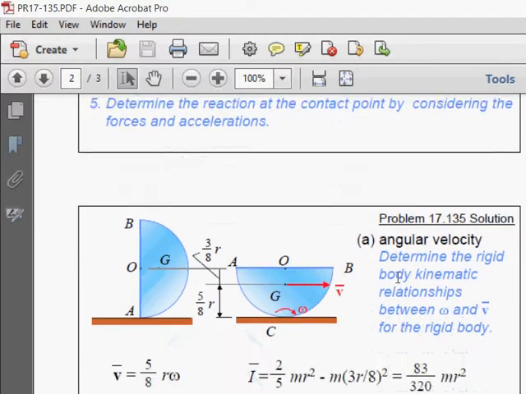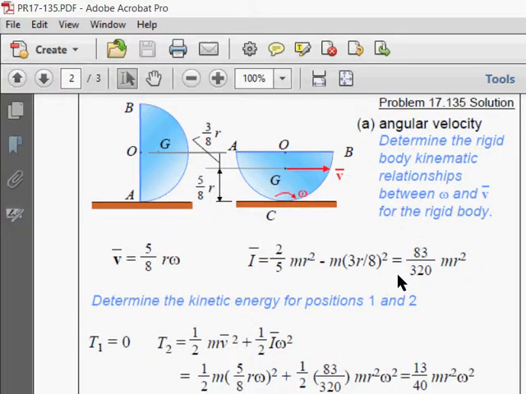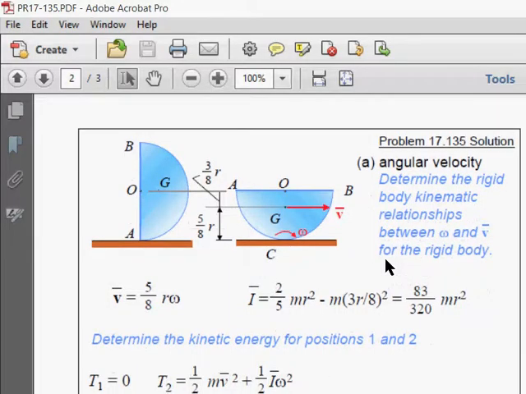Okay, so take a look in here. This is a very significant one, because this is like the vehicle rolling on its roof. See, this is why I think it's very important.